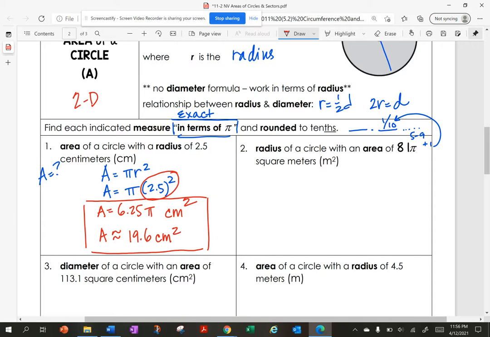Okay, this time I want number 2, I want to find the radius of a circle with an area of 81 pi square meters. So my formula is area equals pi r squared. So I'm going to substitute in the area that's given. So that's 81 pi equals pi r squared.